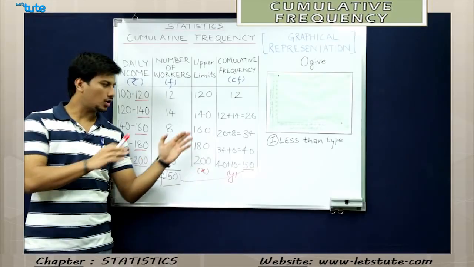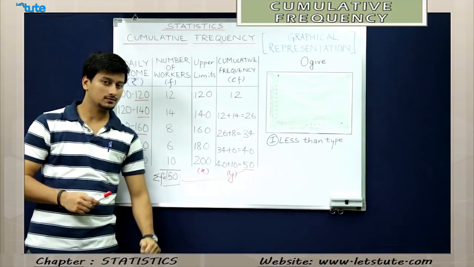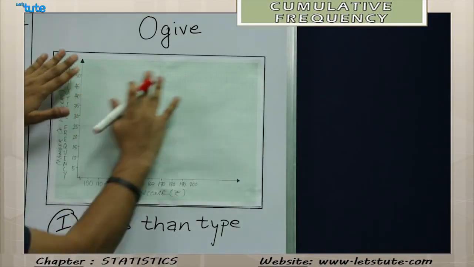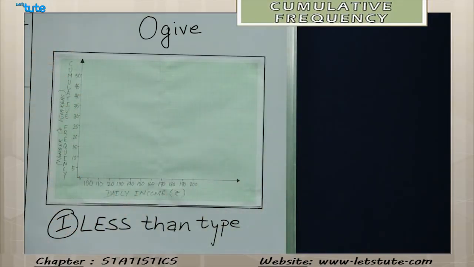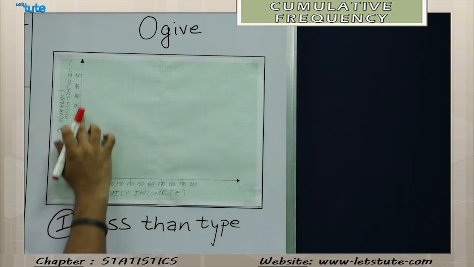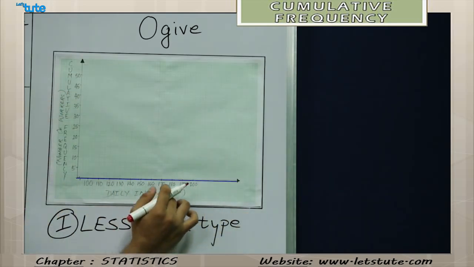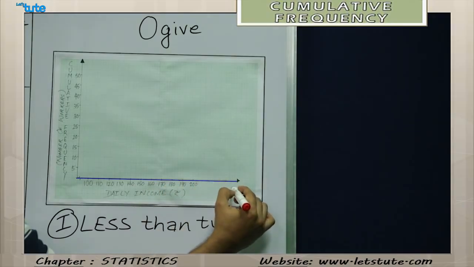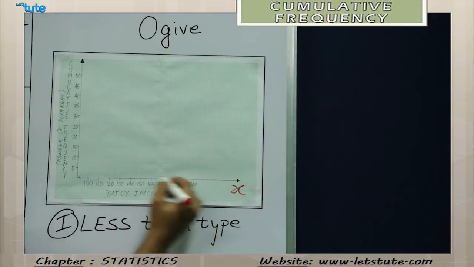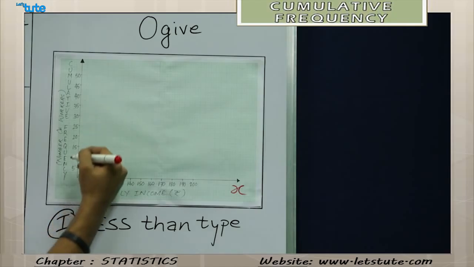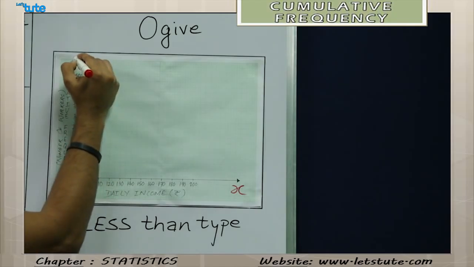Now let's plot all these points in the graph. Okay, so we have this graph ready with us and we need to form the x-axis and the y-axis. On the x-axis we can see the daily income category, and on the y-axis, which is the vertical axis, is the cumulative frequency.